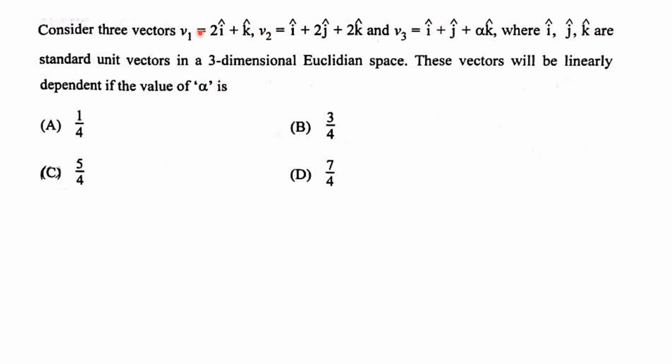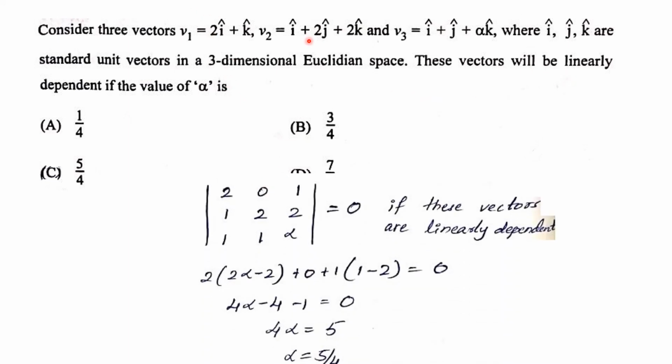So, if these vectors are linearly dependent, you have to find out the value of alpha. Linearly dependent means the determinant of the coefficients of i, j and k should be equal to 0. So, if you consider nu1, coefficient of i, j, k are 2, 0, 1, then for nu2 it is 1, 2, 2, then for nu3 1, 1, alpha.